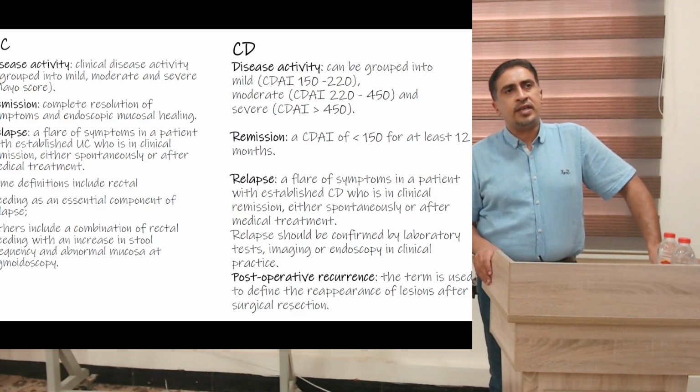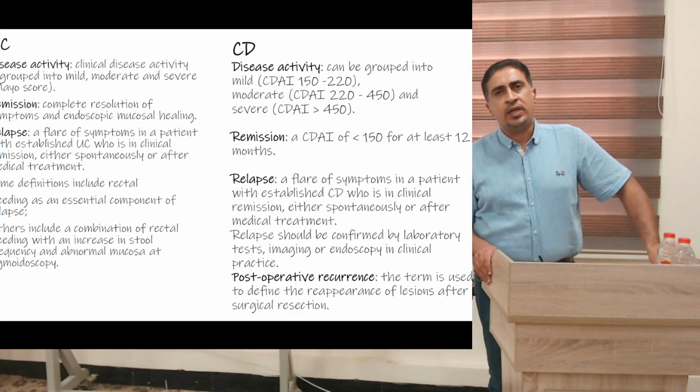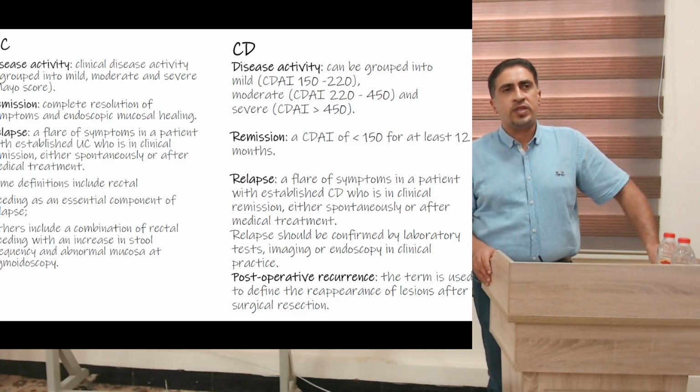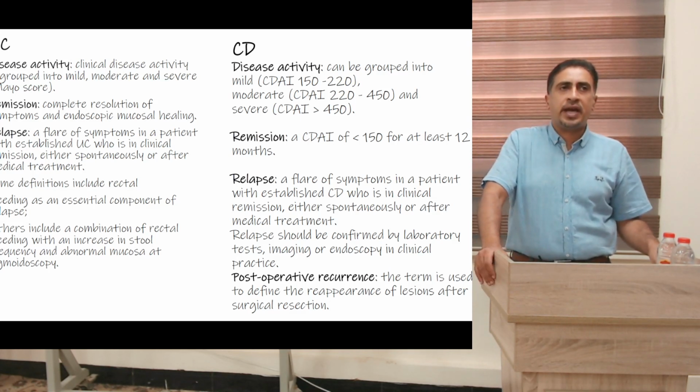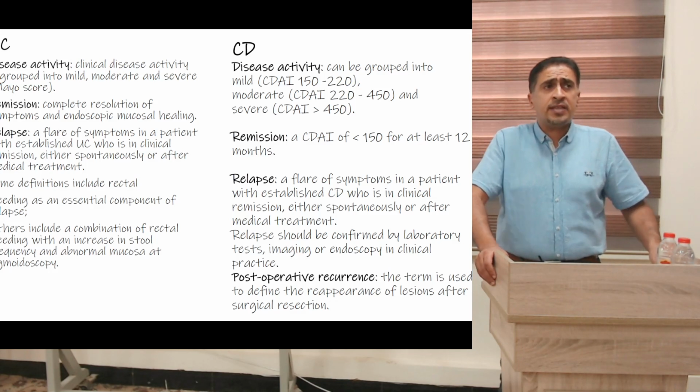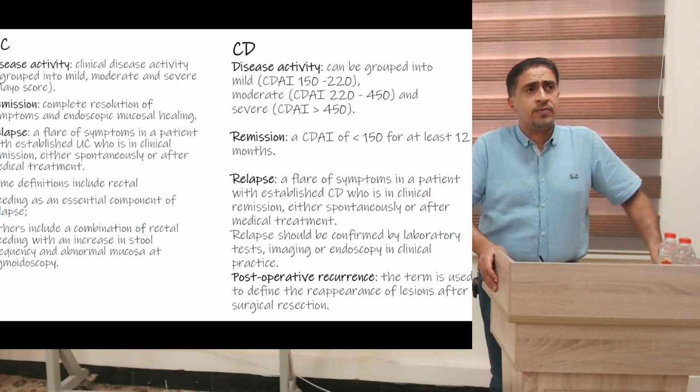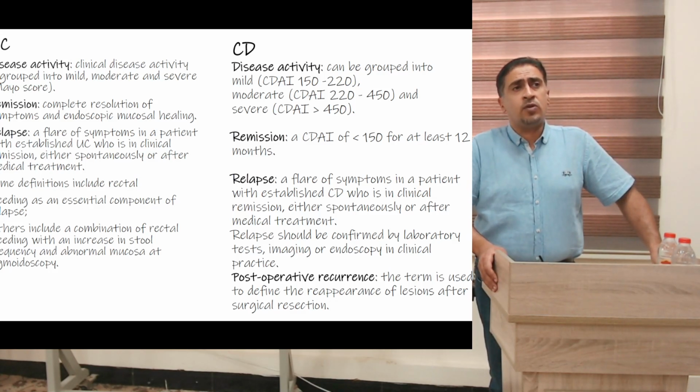While for Crohn's disease, usually we have what is called the CDAI score, and we give a mark. I will show you in the next few slides what the CDAI score is, and we categorize the patient as mild, moderate, or severe. Remission means complete resolution of the symptoms, and there is endoscopic mucosal healing.